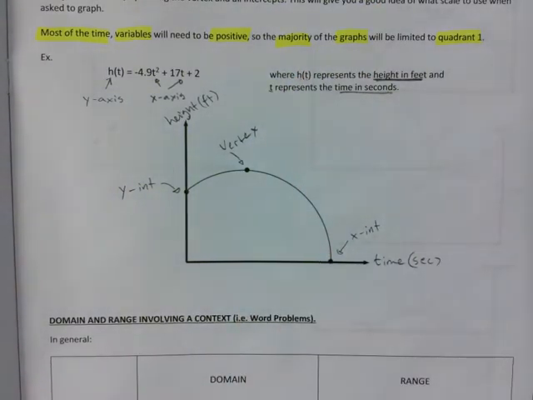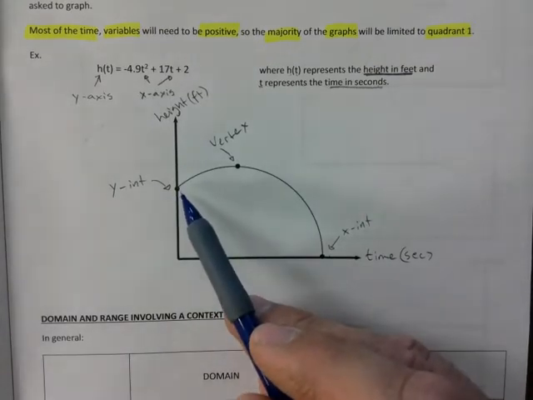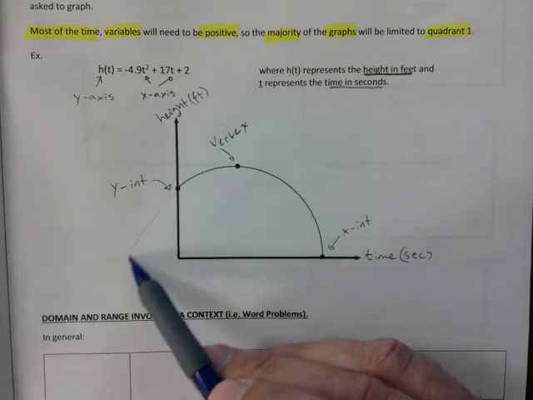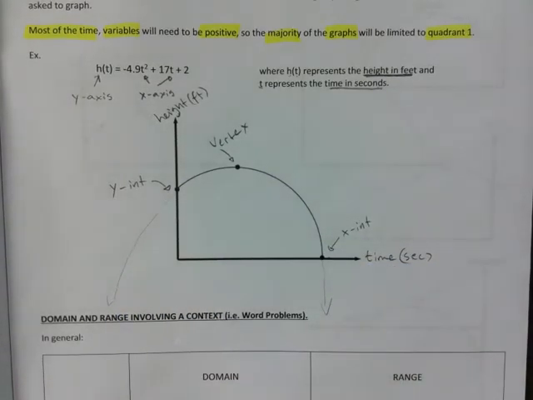You should recognize those points: x-intercept, y-intercept, vertex. What's missing here? If you were to graph this on your calculator, don't copy this part, I just want you to see it. Your calculator doesn't know that this is a word problem, so your calculator is always going to graph the whole thing.